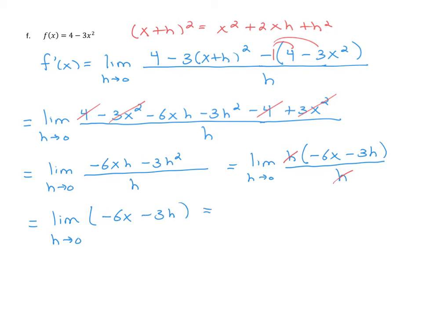To evaluate the limit, I can simply put 0 in place of the h's, and there's only one of them. And it cancels that minus 3, and I'm left with a negative 6x. This is the answer to the problem. The derivative is negative 6x.